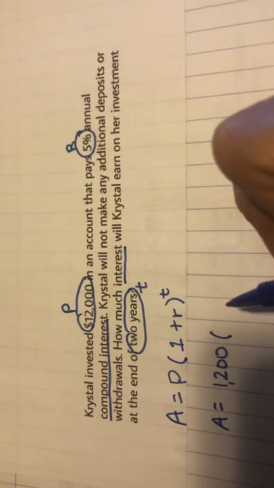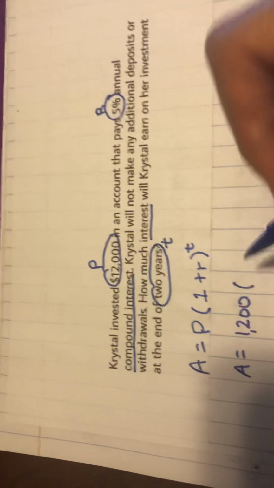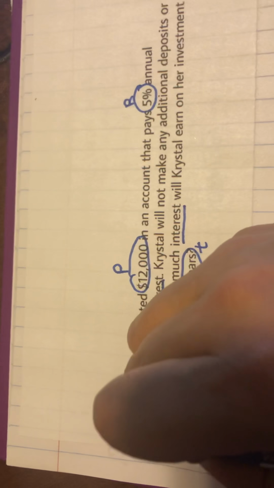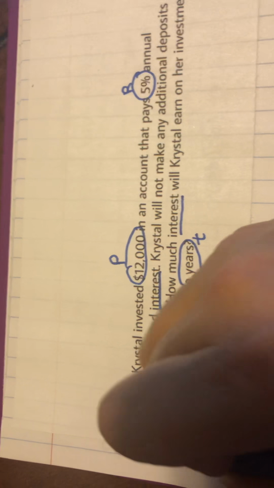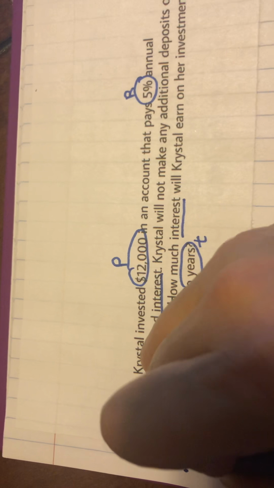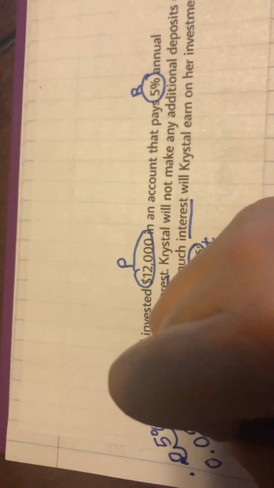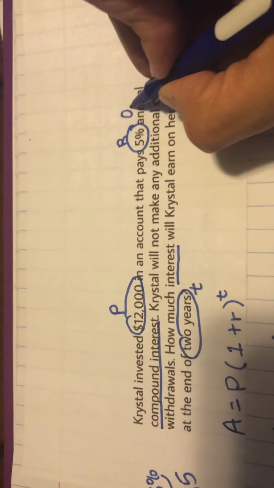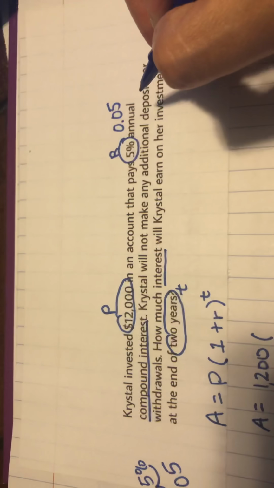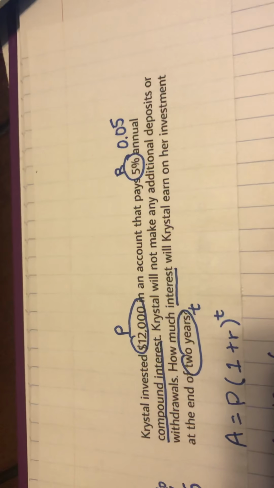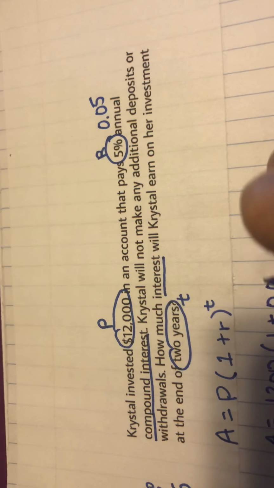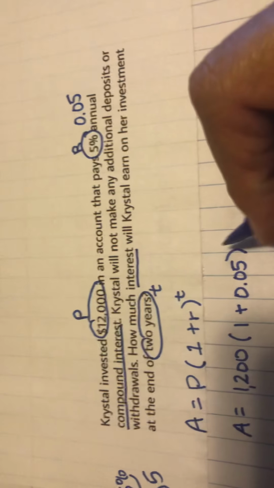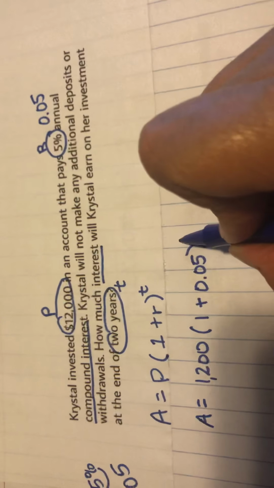Oh, I forgot to convert my 5%. So again, 1, 2, and that goes 0. So it's 0.05. So this becomes 0.05 as a decimal. So I'm going to take my 1 plus 0.05 rate and raise that to the power of 2.